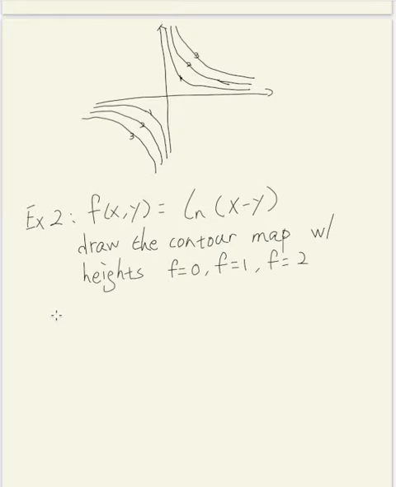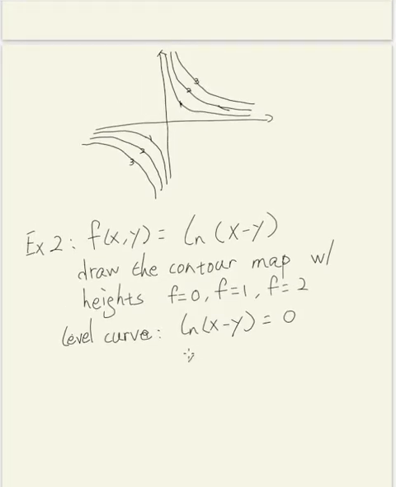Alright, once again, let's look at the level curve. The first level curve: ln of x minus y equals 0. Exponentiate both sides, we get x minus y equals 1. So x equals y plus 1. Let me add a page here.